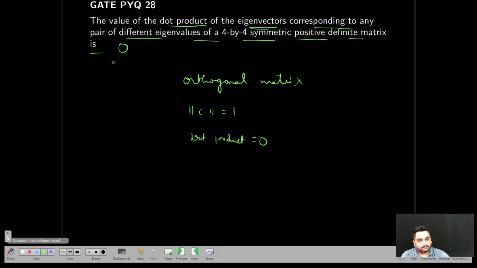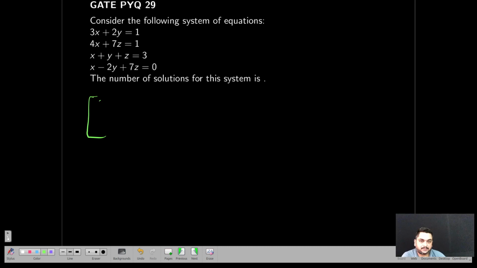Next, consider the following system of linear equations. The number of solutions for the system is. So find the augmented matrix and the coefficient matrix: 3, 2, 0, 1, 4, 0, 7, 1, 1, 1, 1, 3, 1, minus 2, 7, 0.